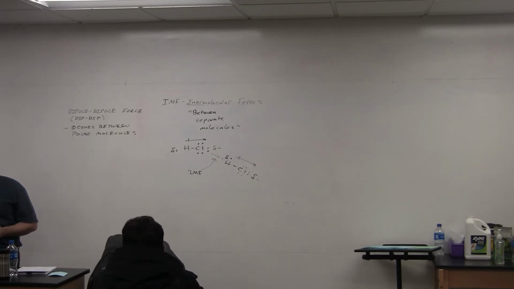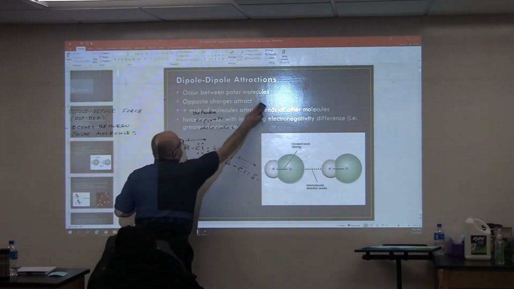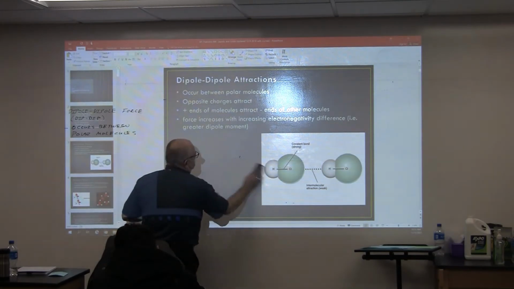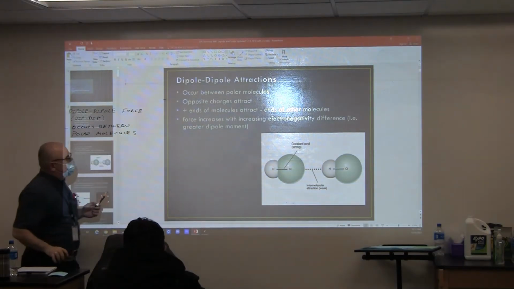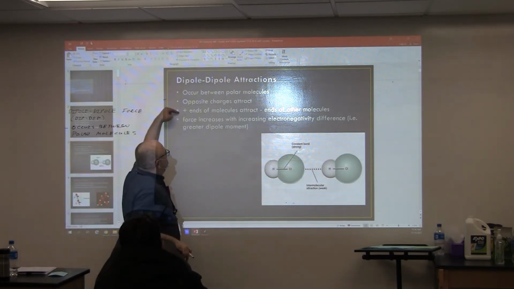And that's what we learned in the last unit, right? We learned about the fact that certain molecules are polar by their structure. So let me put this up, it's a little bit more formally nice with pictures. Dipole-dipole attraction between polar molecules because the opposite charged ends of the molecules attract.